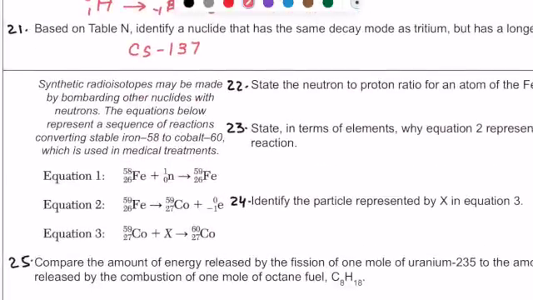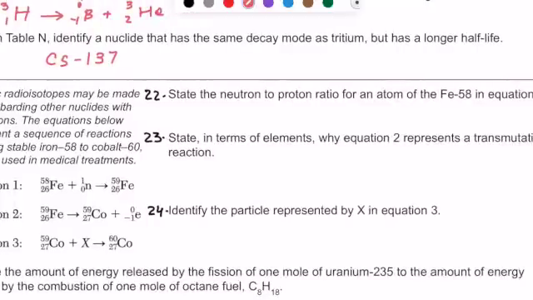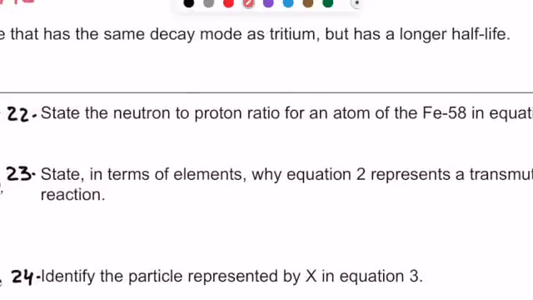State the neutron to proton ratio for an atom of iron 58. So first of all, let's calculate how many neutrons we have here. So the atomic number of iron is 26. So 58 minus 26 is about 32 neutrons.